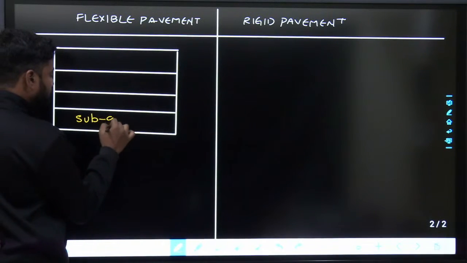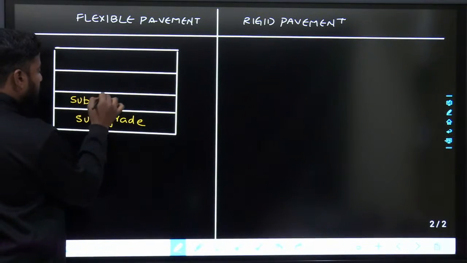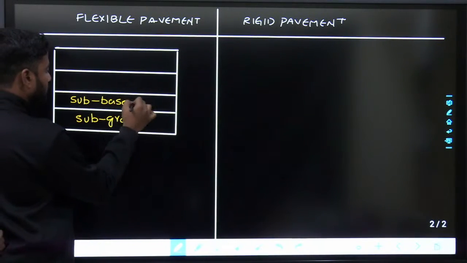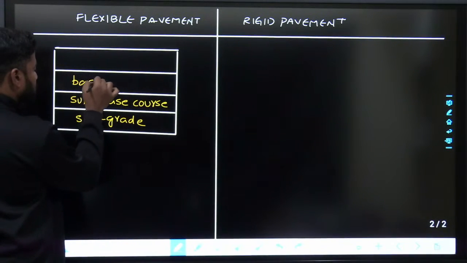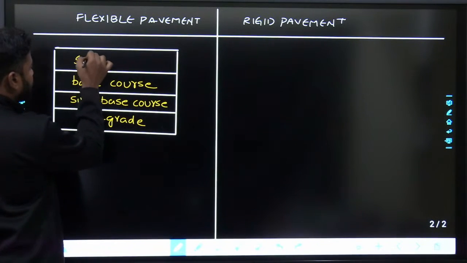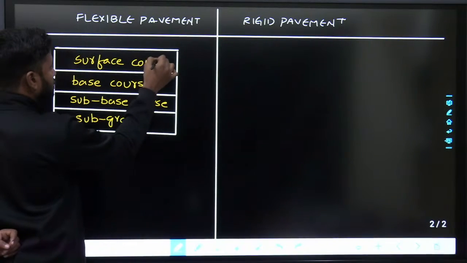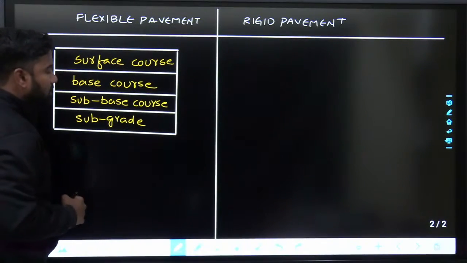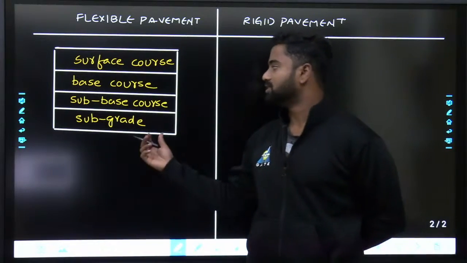Subgrade, subbase course, base course, surface course. This is how you will generally see the cross section of flexible pavement.